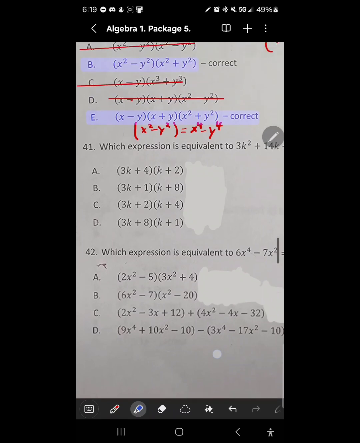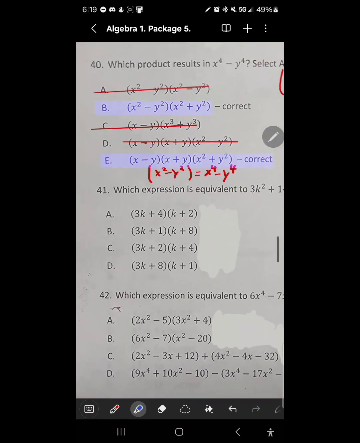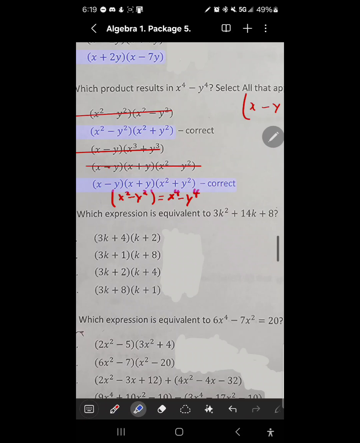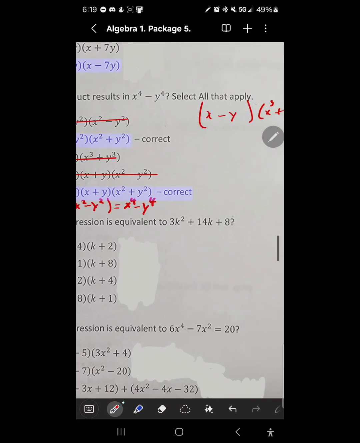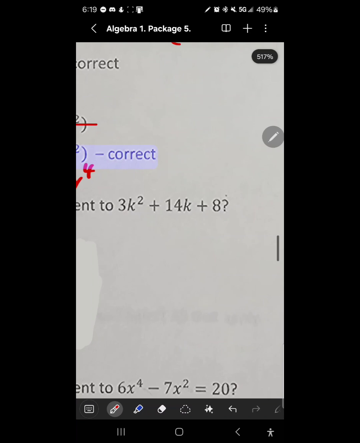Now this is going to be the last one. Well, the last two. So which expression is equivalent? Okay, as I said, we want now, this is more tricky because the first one is not by itself. We have a 3.